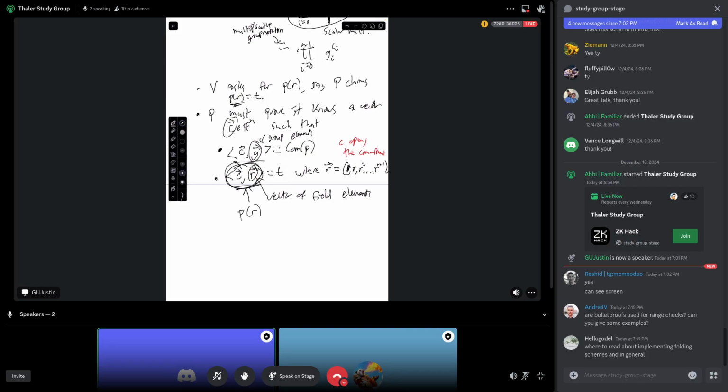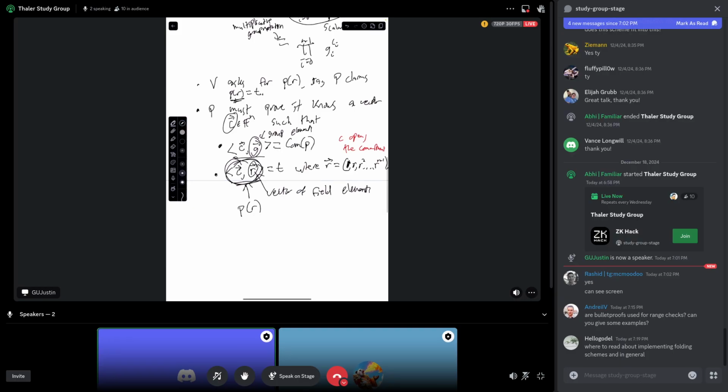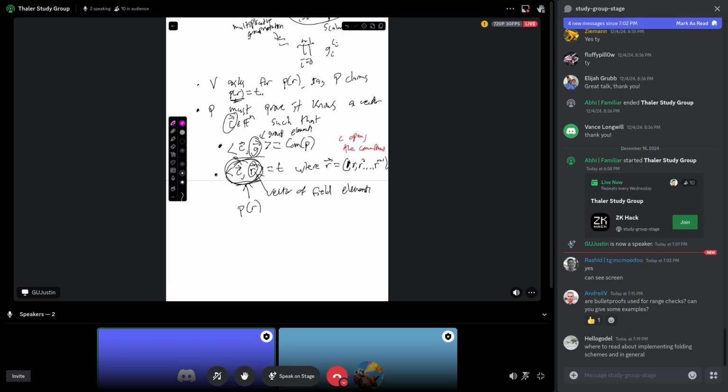Nonetheless, these two claims are of the same form. So basically polynomial evaluation proofs here boil down to proving knowledge of a vector c that satisfies some inner product relationship.